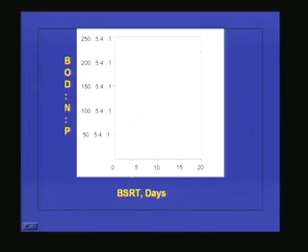If the BSRT is very low, just like in high rate activated sludge process, the BOD to nitrogen to phosphorus ratio is 50 is to 5.4 is to 1. That means we have to supply more nitrogen and phosphorus compared to the BOD. But as the BSRT increases, we can see that it is coming 100 is to 5.4 is to 1, then 150 is to 5.4 is to 1, and 200 is to 5.4 is to 1.